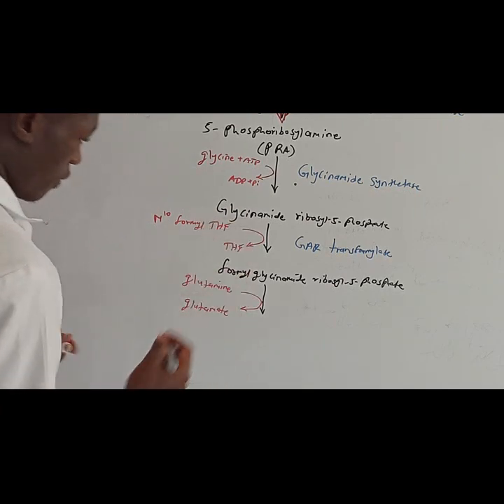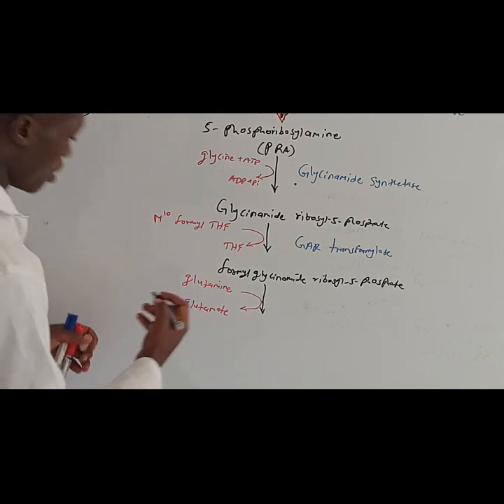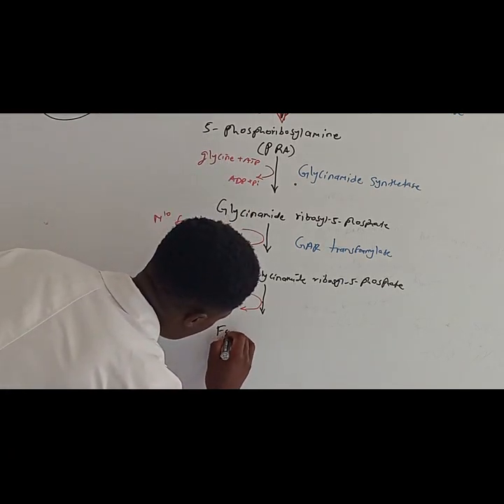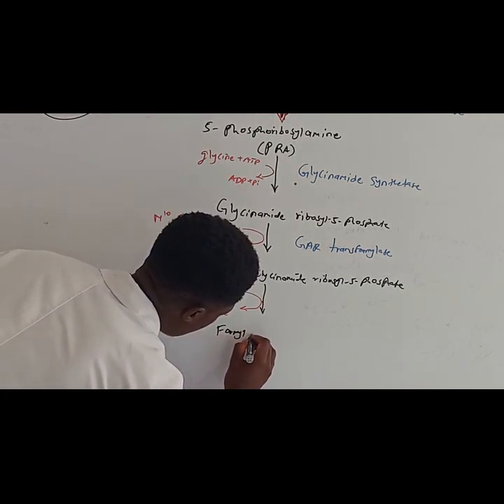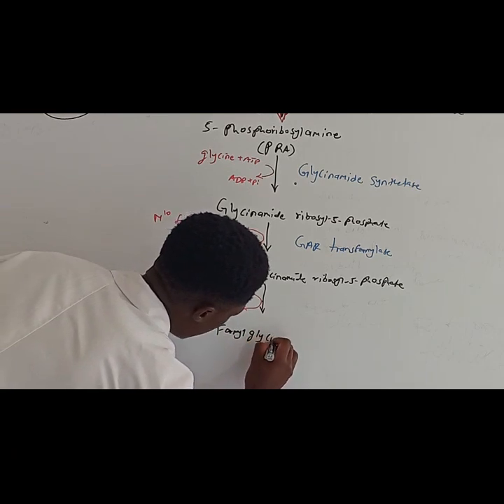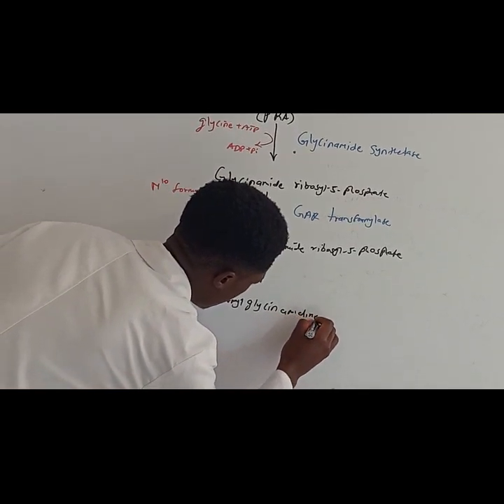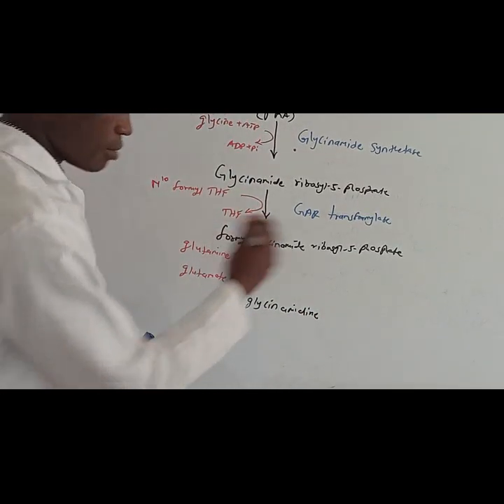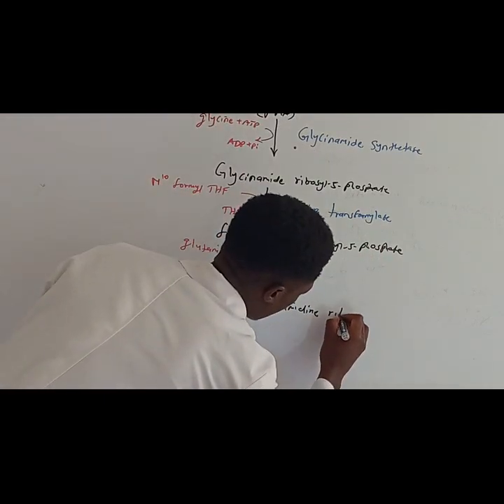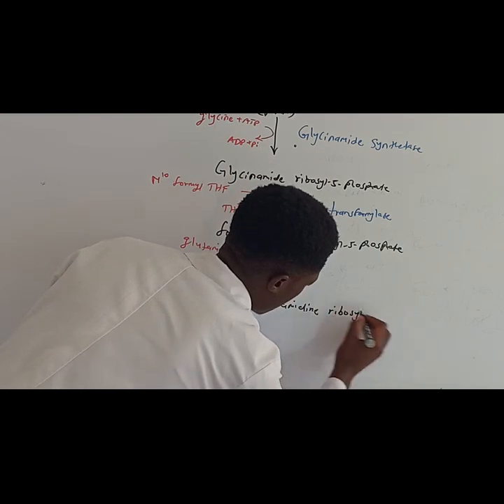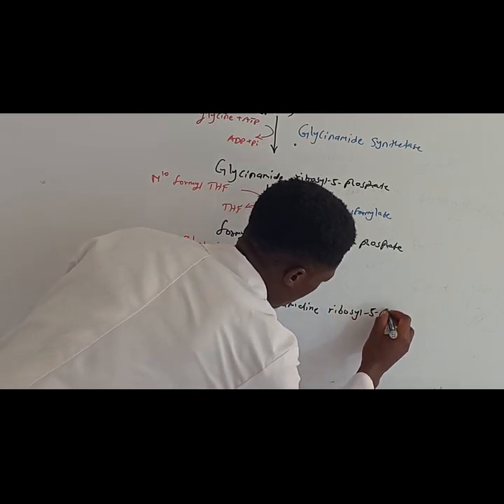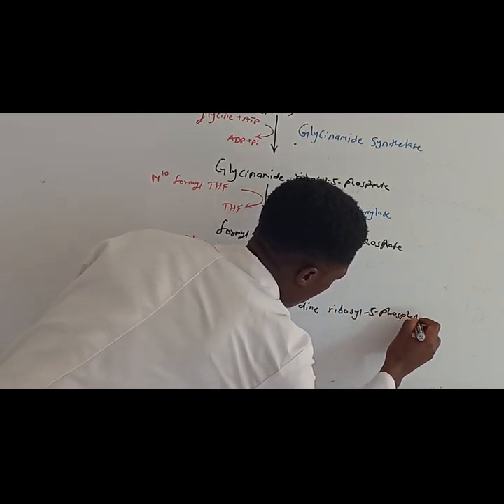Now we're going to form a new molecule called formyl glycinamidine ribosyl 5-phosphate.